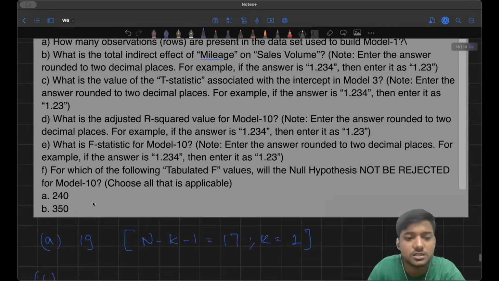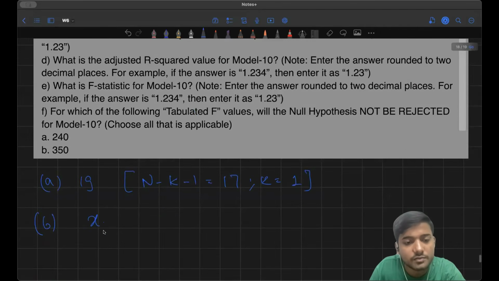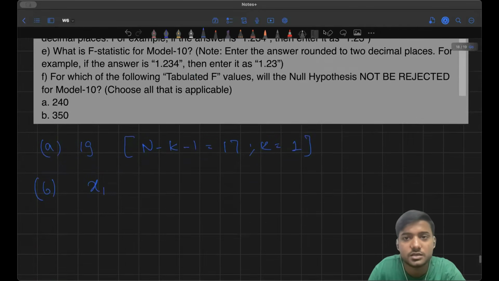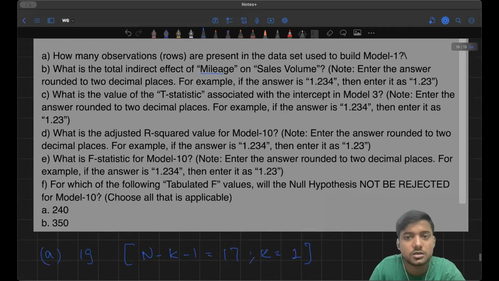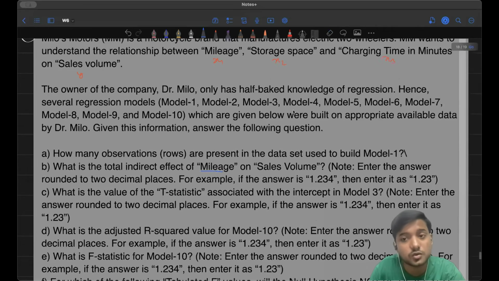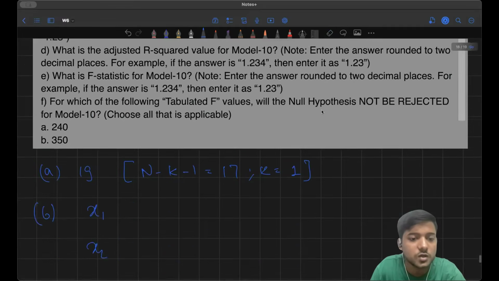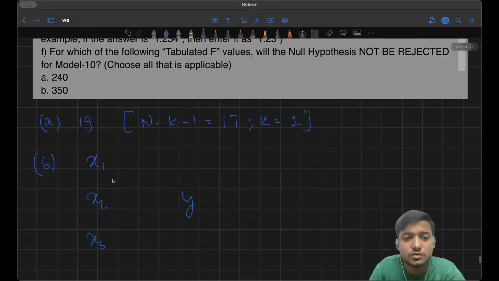So I will just write x1 for simple terms. X1 is mileage, x2 is storage space, and x3 is your charging time. So these are the three things, and we use these three things to predict y.